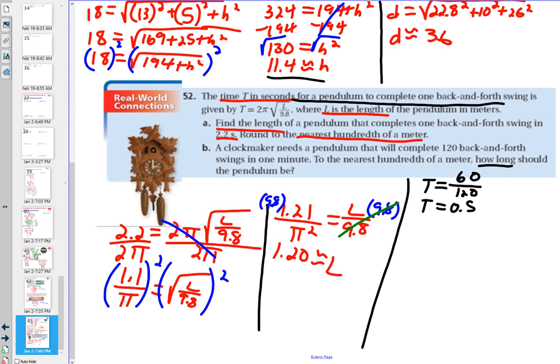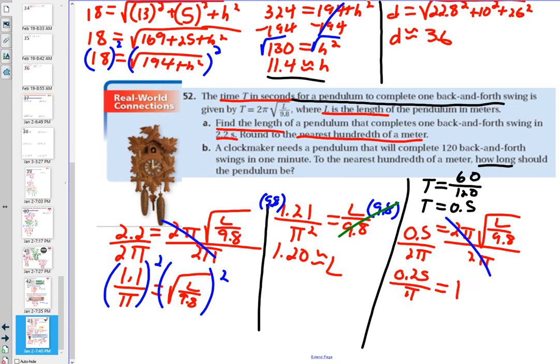And now let's do the same thing. 0.5 is equal to 2 pi square root of L over 9.8. The steps are going to be the same. First off, you divide by 2 pi. You don't have to actually try to simplify it, but I will. 0.5 over pi is equal to square root of L over 9.8.